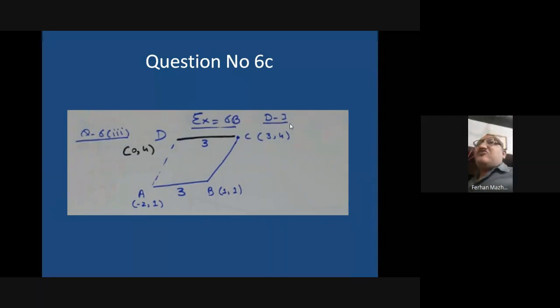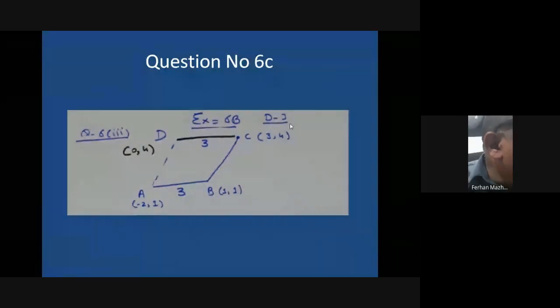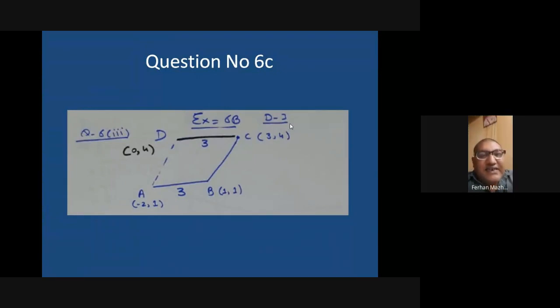The next part is easy, but it's very tricky. And in this part, let me read this question for you. He says that given that ABCD is a parallelogram, find the coordinates of D. You see, the points A, B, C are already there, with their coordinates, and we have drawn them on the diagram.